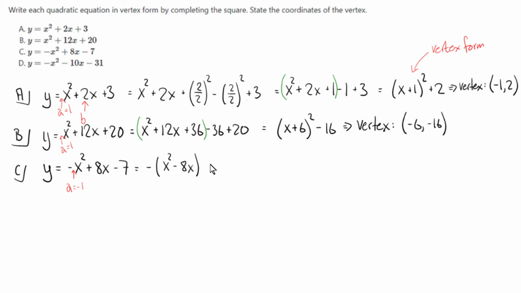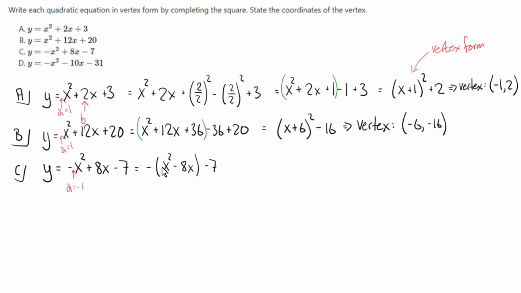We close the bracket and then we just have -7. The key thing here is that we're factoring out the -1 from the first two terms only, not from the last term. We could factor it out from all three terms. We can still get to the right answer. The only difference is that we're creating more work for ourselves.